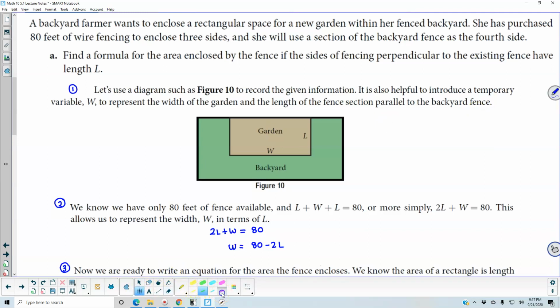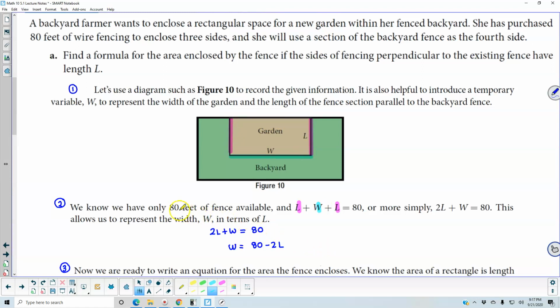We know that we have a length here and we have a length here. So we have 2 lengths, so we know we have 2 L's. Now, we also know that we have 1 width because we're not fencing this part. So we have 1 W.